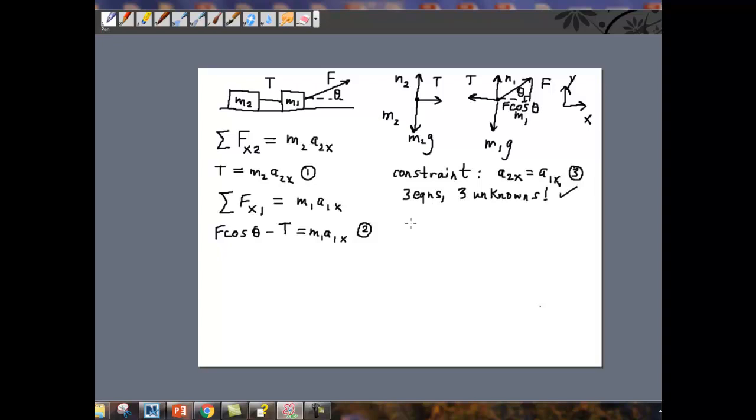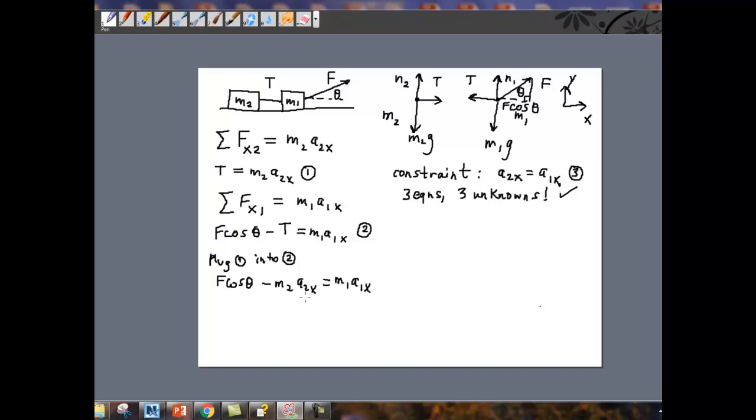How to do it? Well, I'm just going to take equation 1 for T and plug it into equation 2, because this eliminates one of the unknowns. So that means we get F cos theta minus m2 a2x equals m1 a1x.